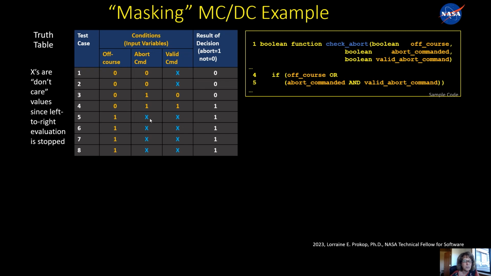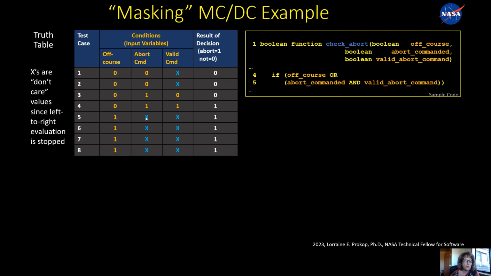The X's in the truth table are what are called don't care variables, because when computers evaluate this expression, they'll go through it from left to right, and they'll stop as soon as the decision can be made. That's called short circuiting. So in this case, if that's true, you don't have to continue on to evaluate the other two. You can just flag the abort and exit the function.